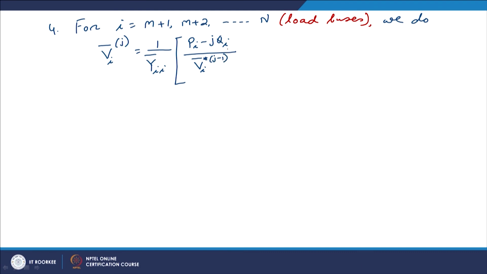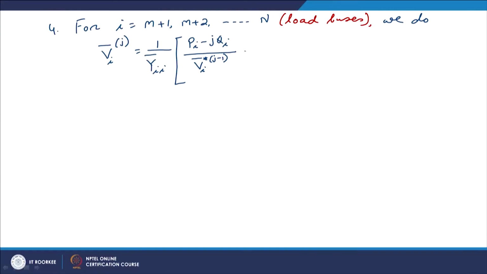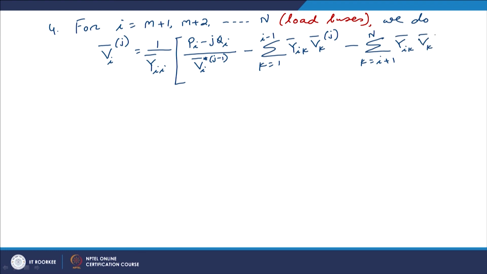Please remember for all these load buses, both the injected power Pi and Qi are known. So, there is nothing in it, and then it is the standard, sum over k equal to 1 to i minus 1 of yik vk j, and then k equal to i plus 1 to n of yik vk j minus 1.